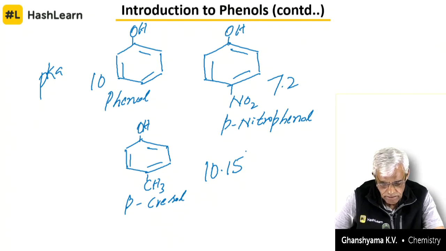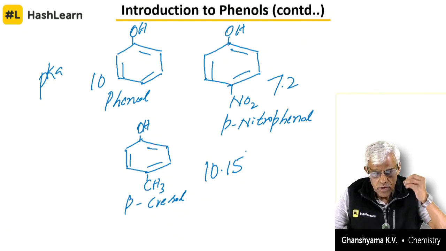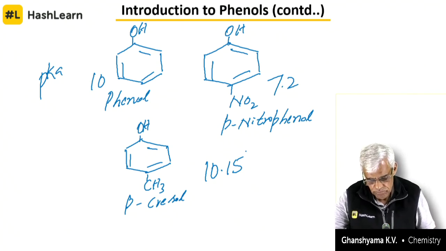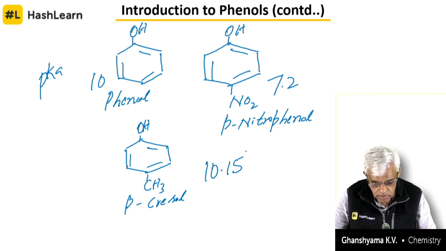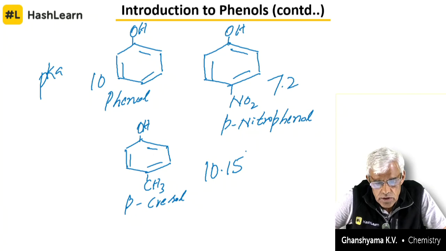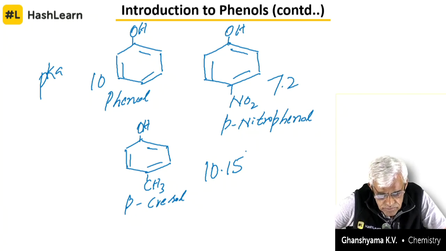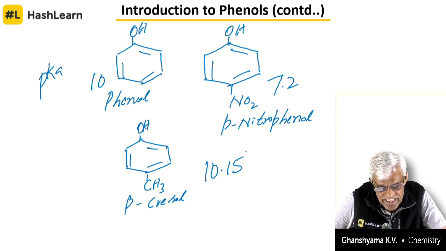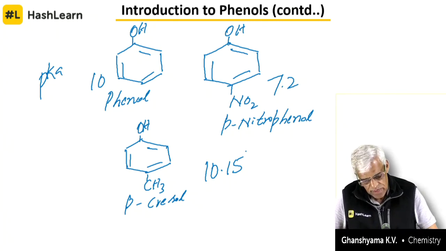So, substituents like NO2, Cl, F, CH3, C2H5 affect the acid strength. Yes, nitrophenol, phenol, para-cresol, order of acidity, correct Radhika?